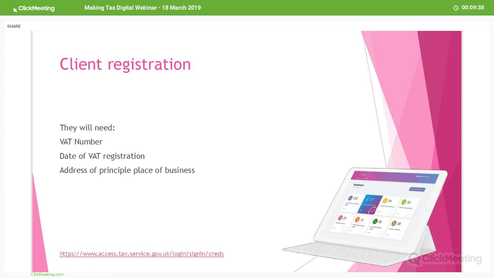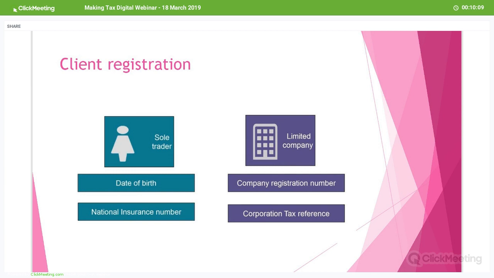Once you've linked or requested a link to your client, the client has still got some work to do because the client has themselves to register for the new MTD for VAT system. So in order for them to do that, they will need their VAT number, their date of registration, and the address of the principal place of business. So from experience, where the business has been registered for VAT for a number of years, this is something that the client doesn't necessarily know or is aware of, so you may need to assist with that information.